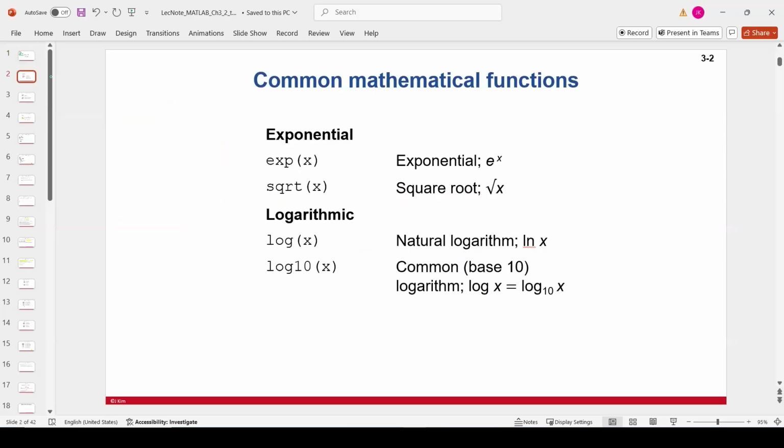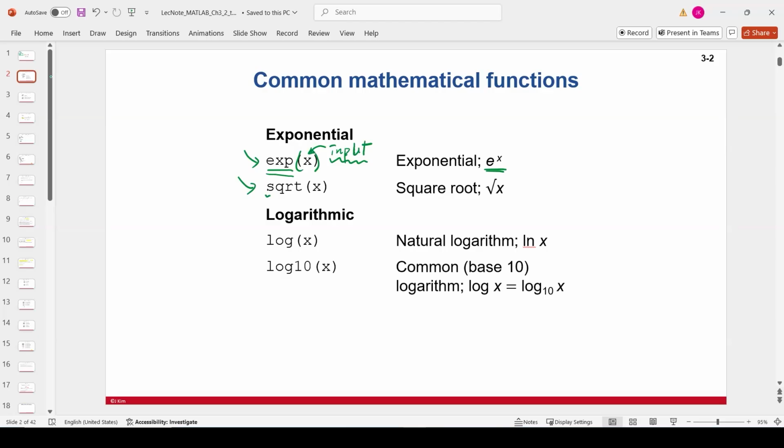And last time we went over some of the common mathematical functions provided by MATLAB. For example, exp, just like in Excel, exp, open and close parentheses. It will receive this x as the input, right? And based on that, it will generate the output, which is the exponential of that x.